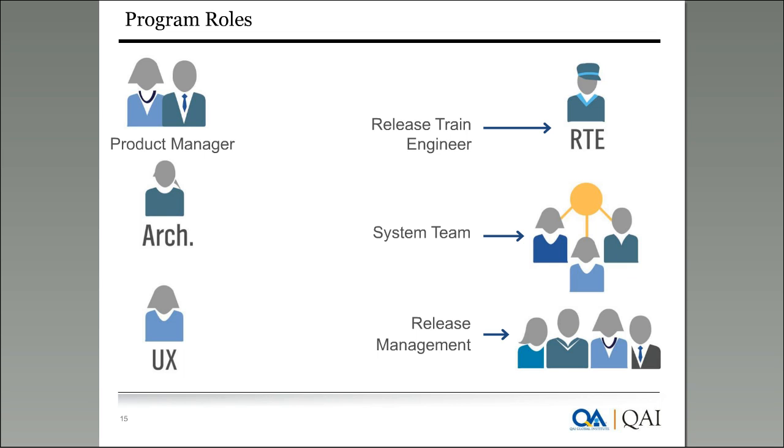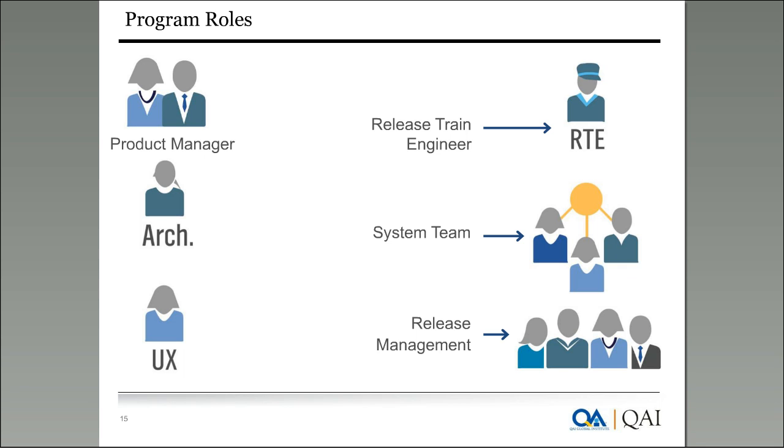One of the reasons SAFe is becoming popular is that it tackles the tough issues of architecture, integration, funding, and governance that are big challenges when you start involving multiple teams in big programs. So the Scaled Agile Framework addresses some of the challenges of governance, funding, integration, and architecture.